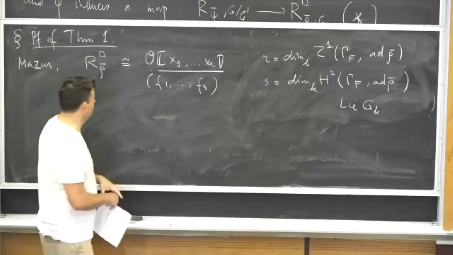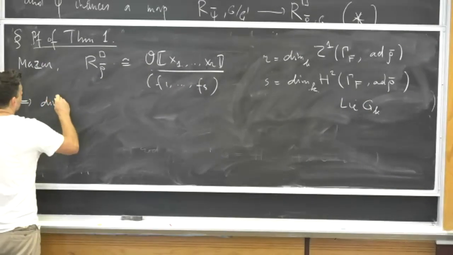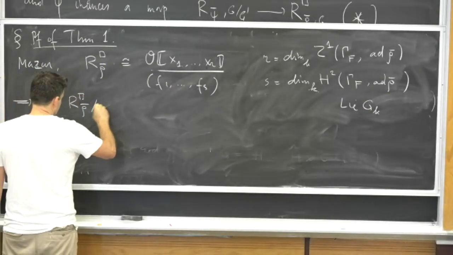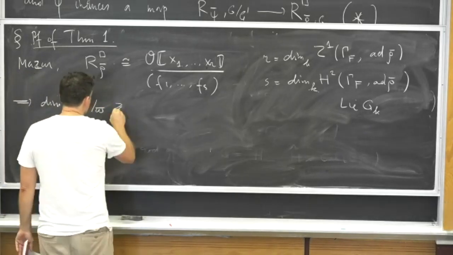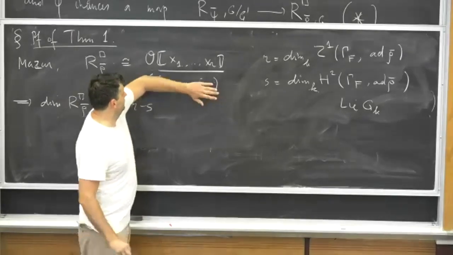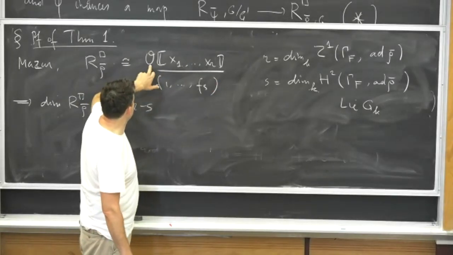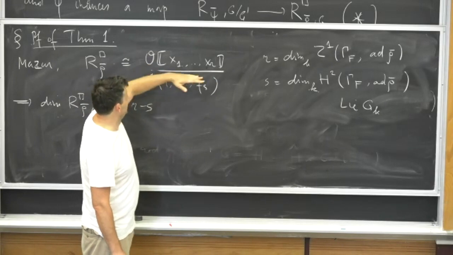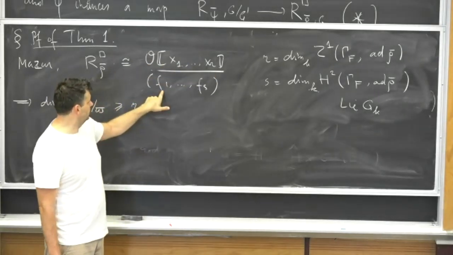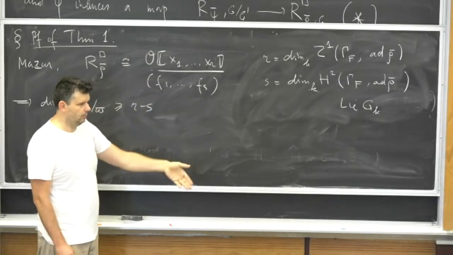And one thing you can deduce from this is that the dimension of what I get, the special fiber, is greater than or equal to R minus S. So you see, if I didn't have these relations, the special fiber, where this gets replaced with K, has dimension R. And every time you cut out a relation, the dimension either stays the same or goes down by 1.